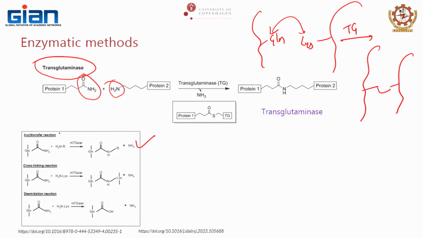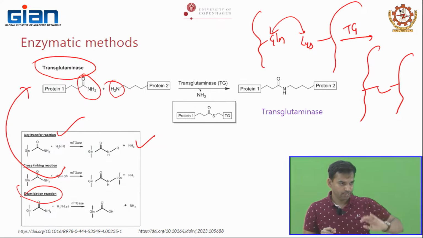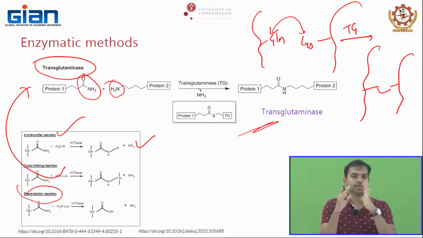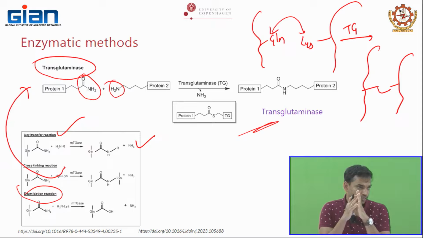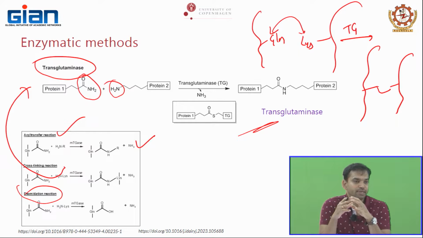Am I clear? Please note that transglutaminase also has other chemical properties, it can also do acyl transfer, and it can also do deamidation, which we will cover later. For now, just remember it can cross-link two proteins together. It can also cross-link multiple proteins together through intermolecular transglutamination.